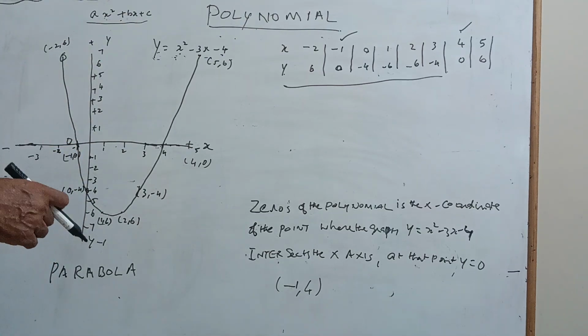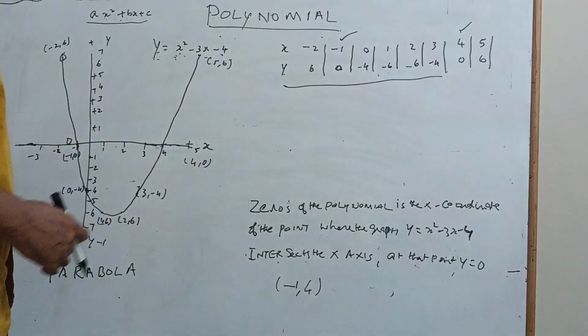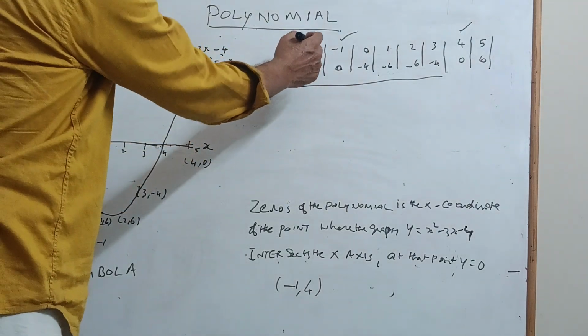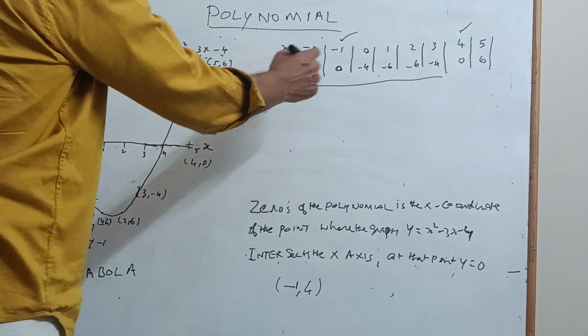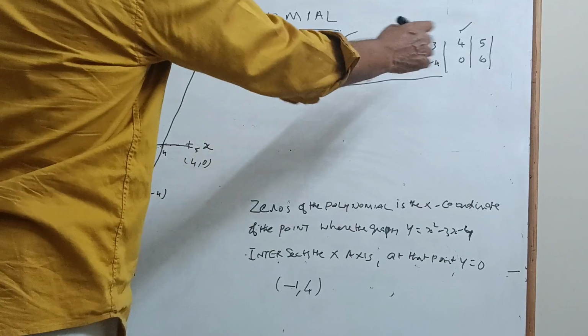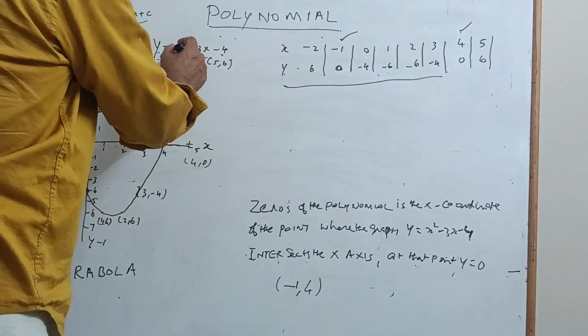Okay. Now as I said previously, when you assign some value to x, what is the value of y? Suppose, for example, I will just do one or two examples. You can see there are 8 values I have given. Suppose x is equal to minus 2.